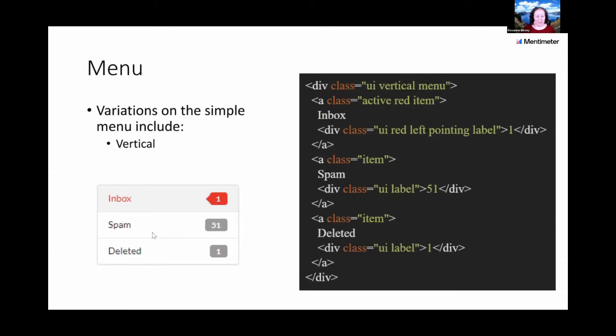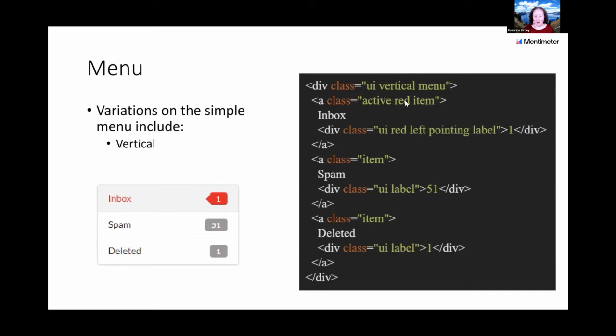This is an example of a vertical menu. We've got 3 menu items, and they're one on top of the other rather than side by side. This one has the active class on it, and it's also red. If it was just active item, it would have the gray background that you can see there.